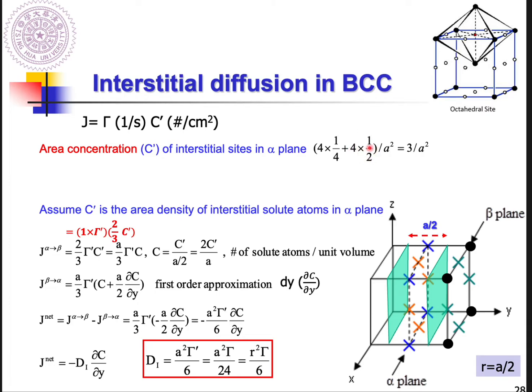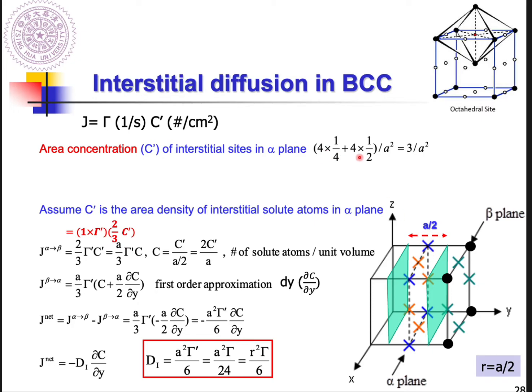So 4 times 1/2 for the orange interstitial sites. The blue one is at the corner, so we have 4, but each one is only considered as a quarter, so it's 4 times 1/4 for the blue interstitial sites.